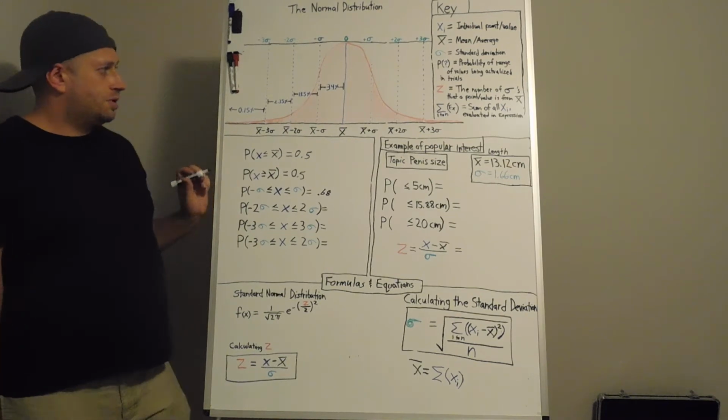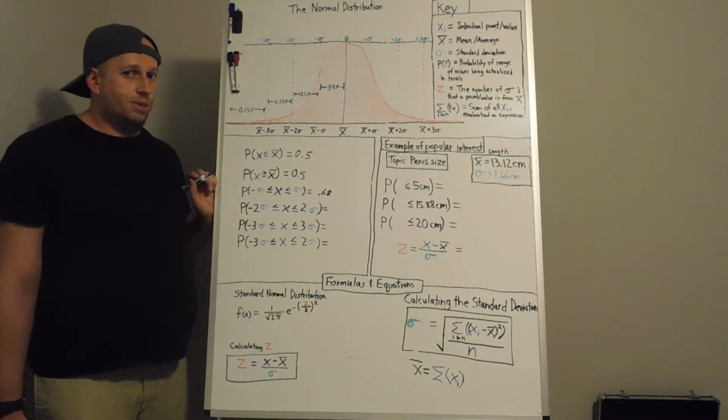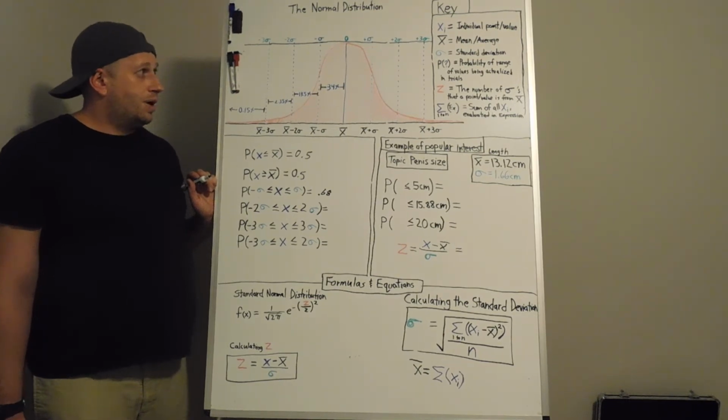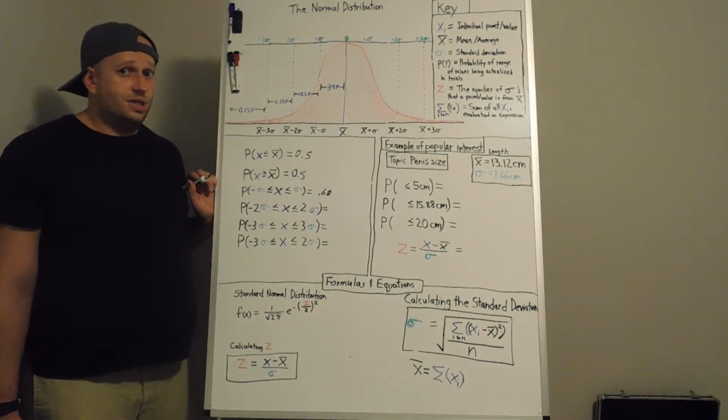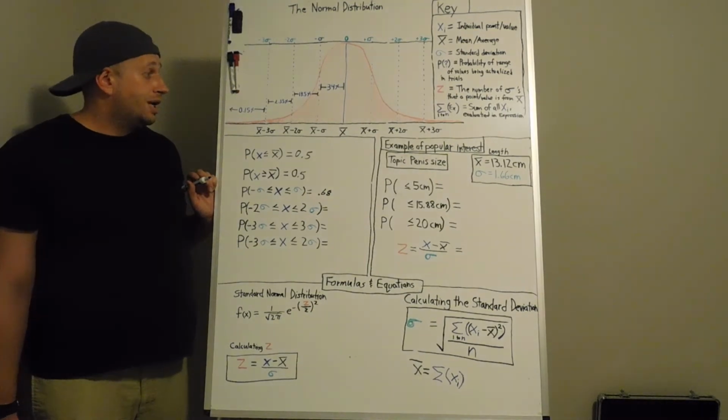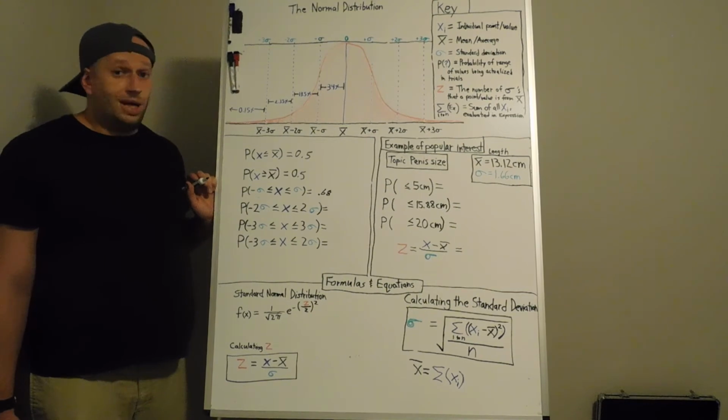And that's the idea behind a normal distribution, because values don't tend to deviate a lot. They deviate quite a bit within the first standard deviation, but not as much in the second, and not hardly at all in the third, and rarely ever past the third.